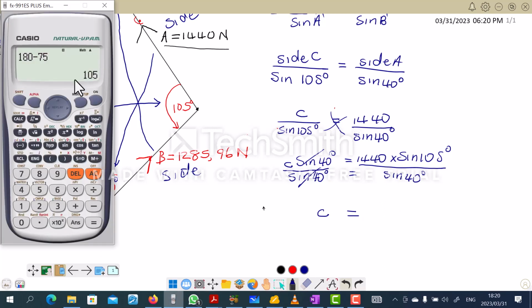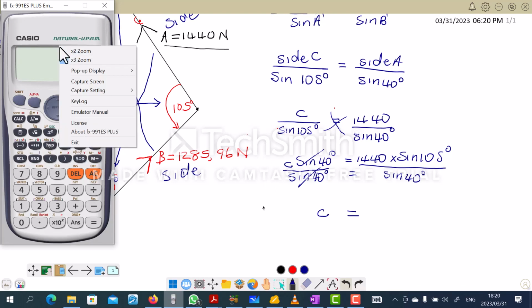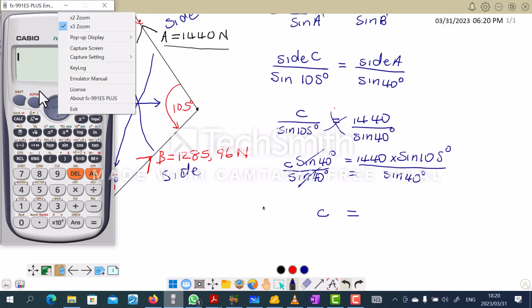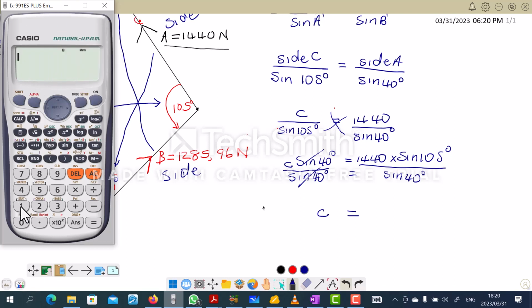Let's punch that on the calculator. Make sure your calculator is in degrees. There you must see a D there. So our calculator is in degrees. So we have 1440 multiplied by sine 105, and divide everything. Let me put it in fraction form, I like it this way.